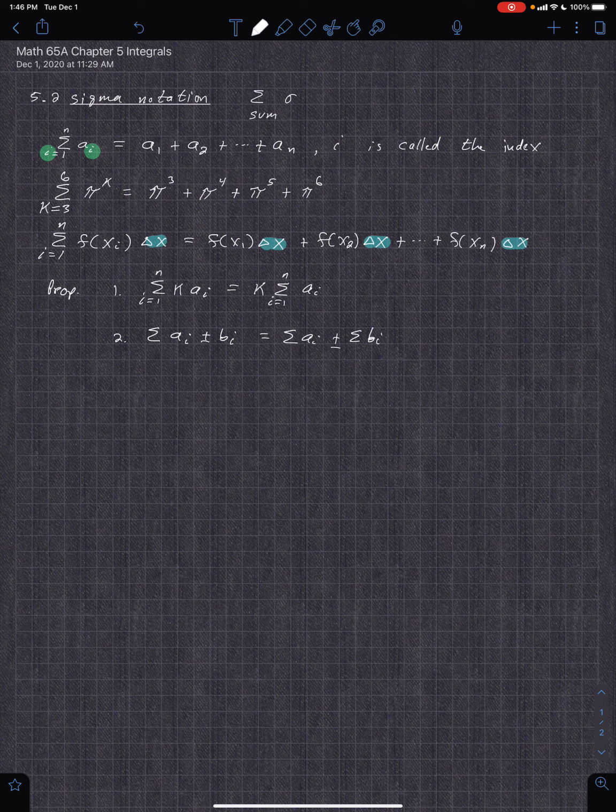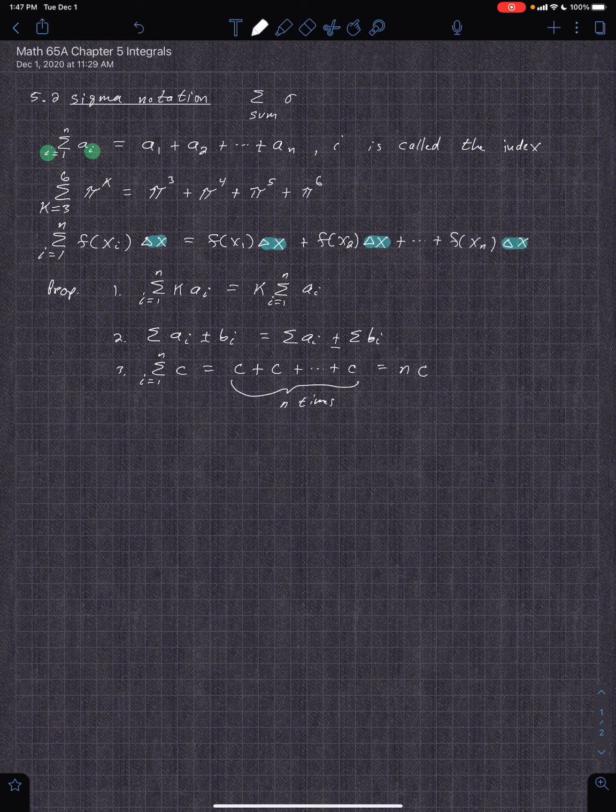Another one, number 3: you have a sum of just a constant. Let's suppose you're going from 1 to n this time. So you're adding c plus c all the way to c, and there are n occurrences of that, n times. So that's n times c.